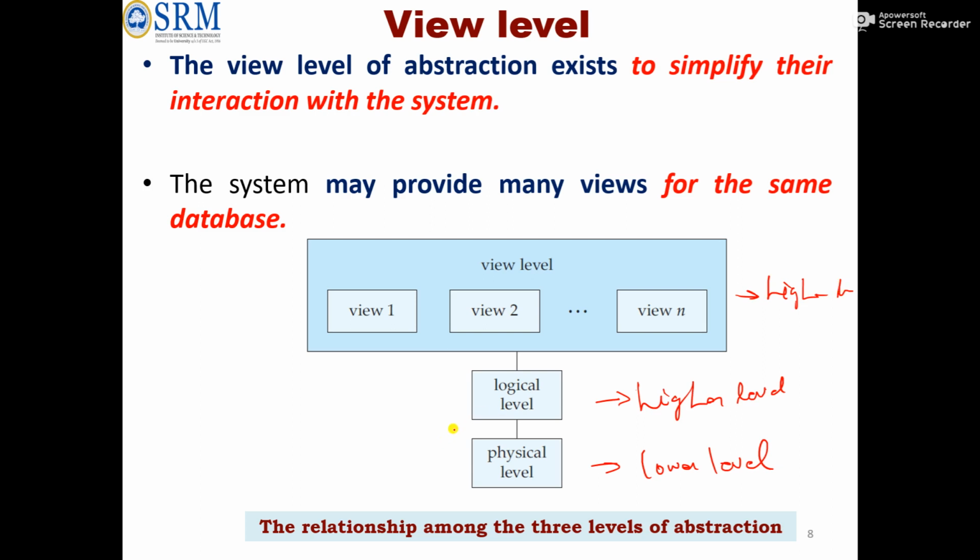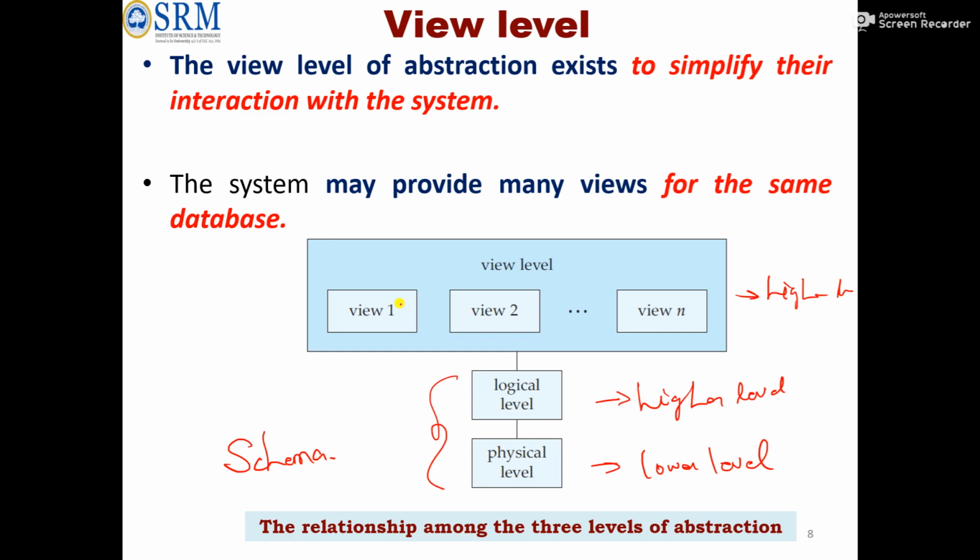From this diagram, we can easily understand why the view level has a various number of sub-views, unlike the logical level and the physical level. These all define the schema, the structure of the particular database.